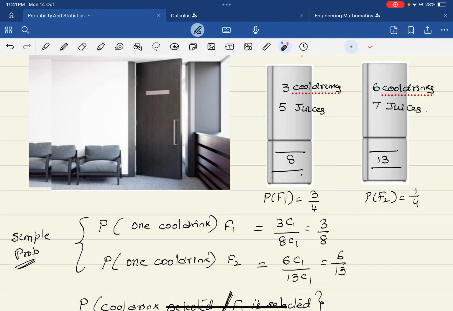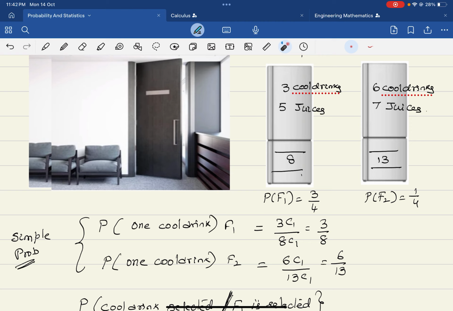That means we want the probability of the cool drink given that fridge 1 is selected. So there are 2 events here: one is the selection of fridge 1, the other is the selection of the cool drink in fridge 1.